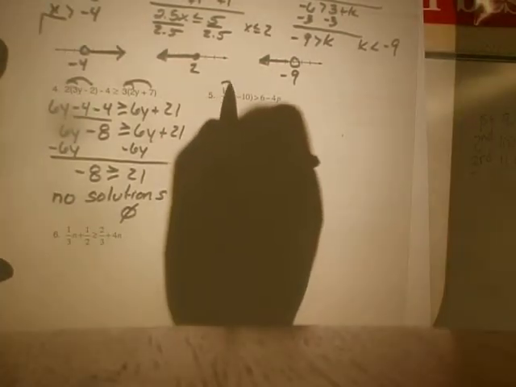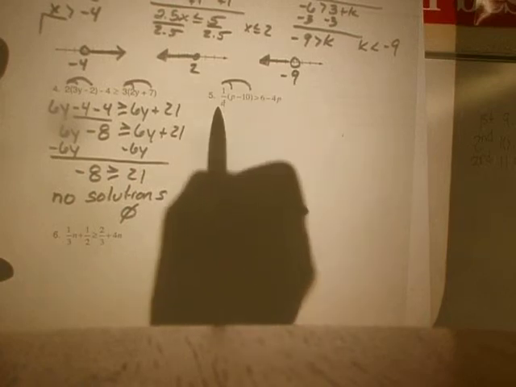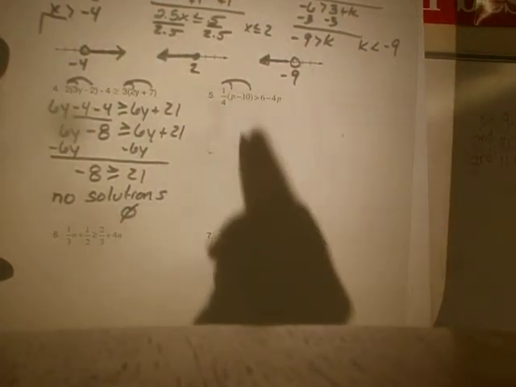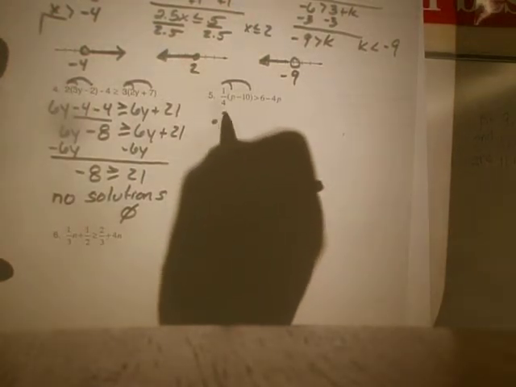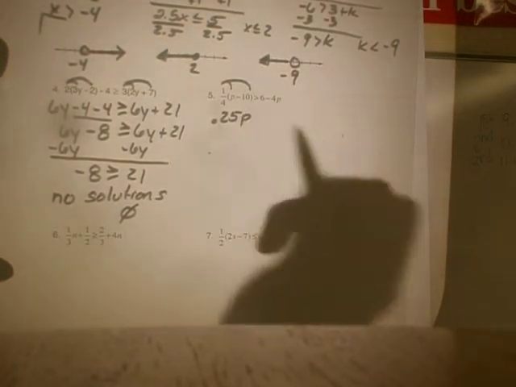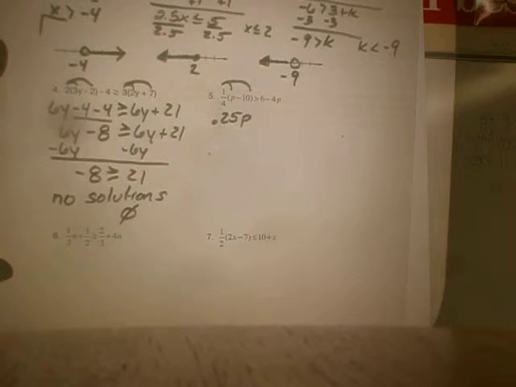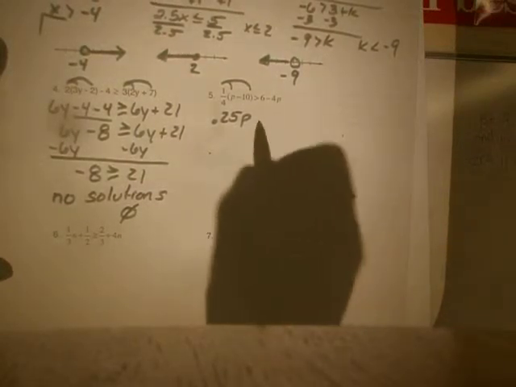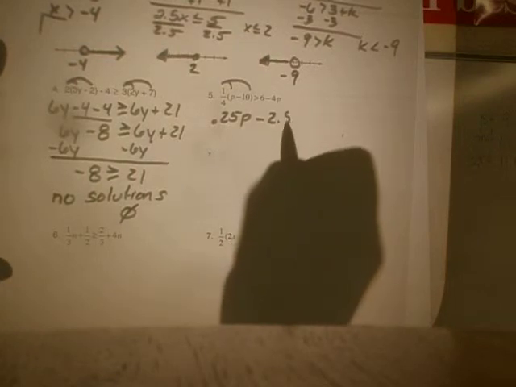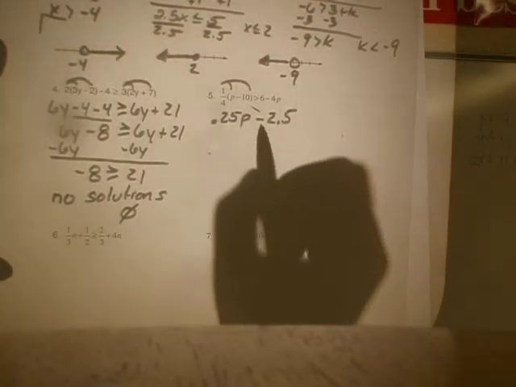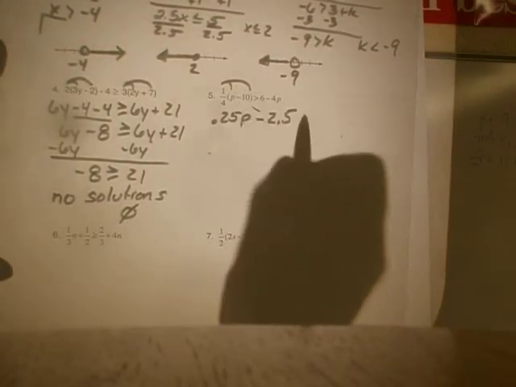Number 5, we need to distribute. 1/4 times p, you know what, let's change that to a decimal, will be 0.25p. 10 times 1/4 is 2.5. And don't forget about the subtract sign in there.